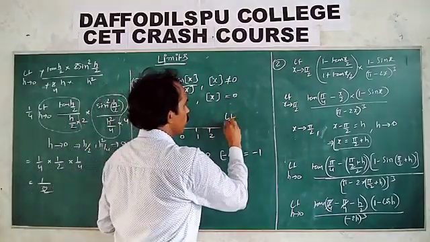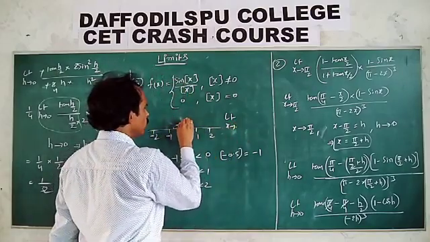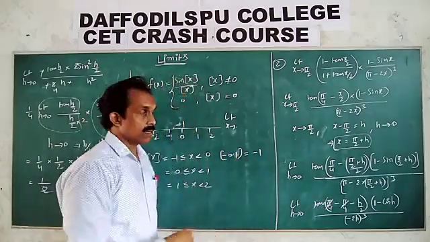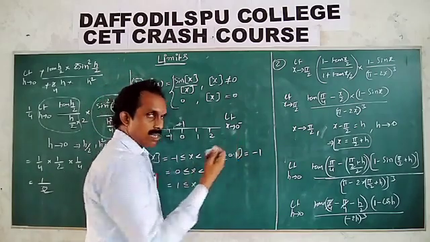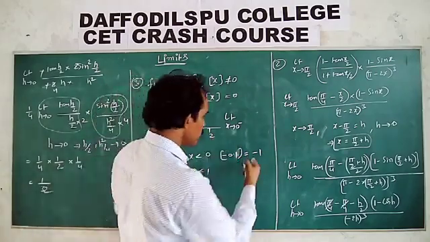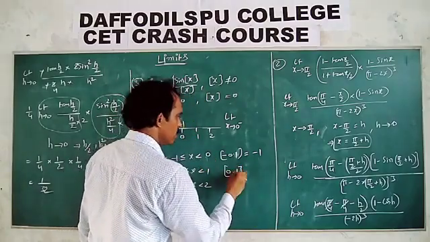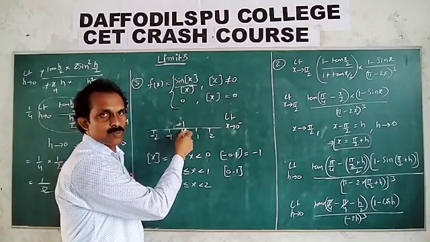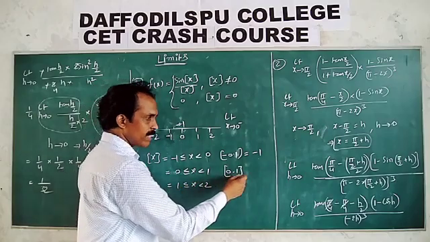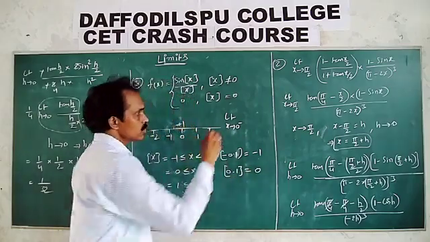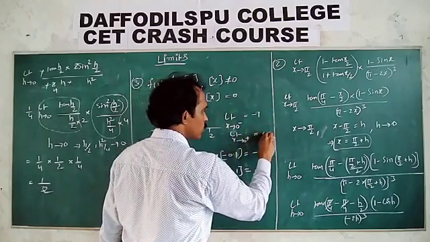Not only minus 0.5, even if you take minus 0.1, no problem, as x tends to 0 minus the answer is one value less, that means minus 1, right? Now 0.1, to the right of 0, between 0 and 1, take 0.1. What is the resultant answer? 0. So the limit as x tends to 0 minus is equal to minus 1, and as x tends to 0 plus it is equal to 0.